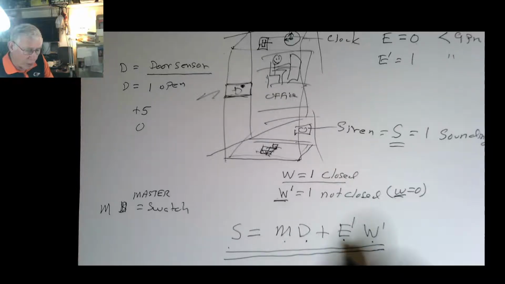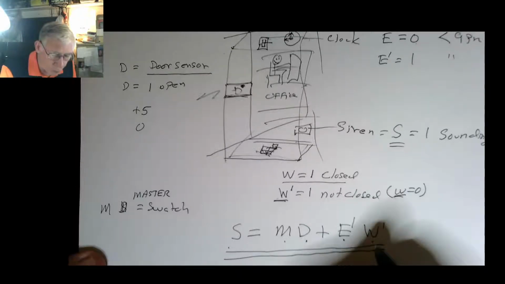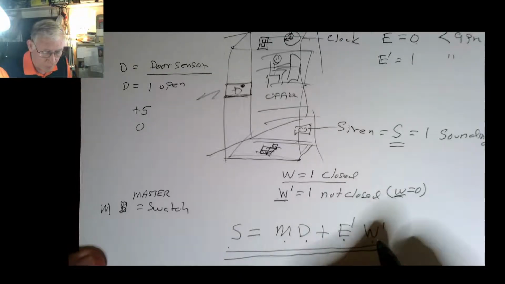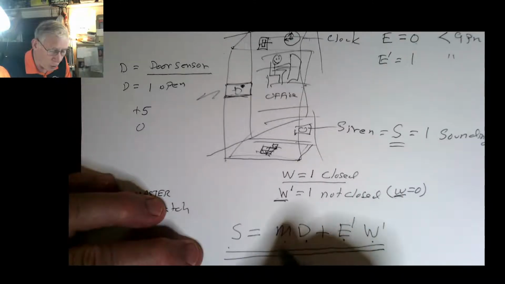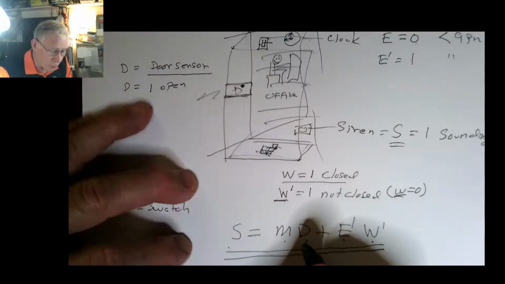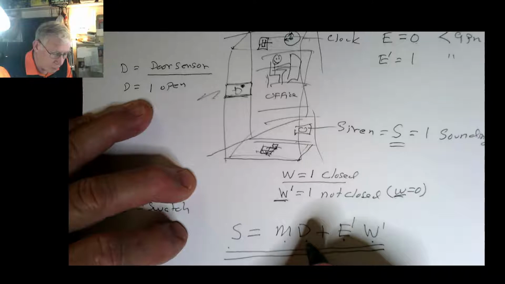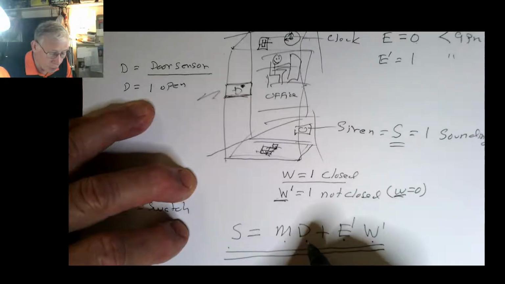And if it's open, W prime would be 0. And if our master switch is off, or if the door is closed, then D is going to be 0.